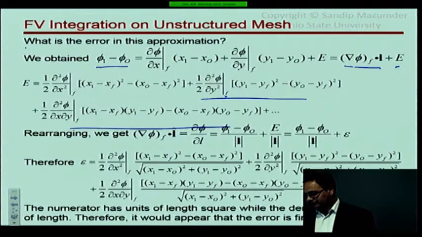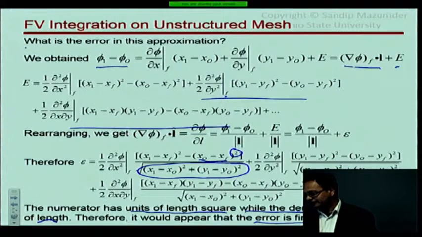It has units of length square, while the denominator has units of length. So it would appear that the error is first order because I have a length square divided by length. But let's examine that a little bit more.